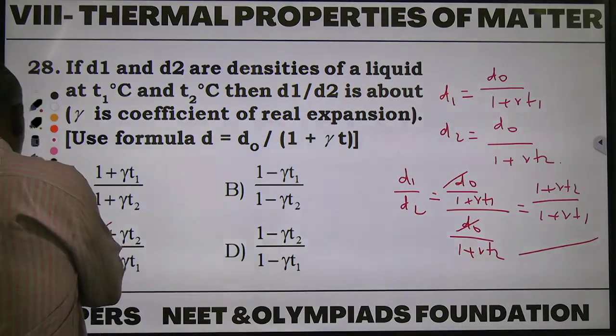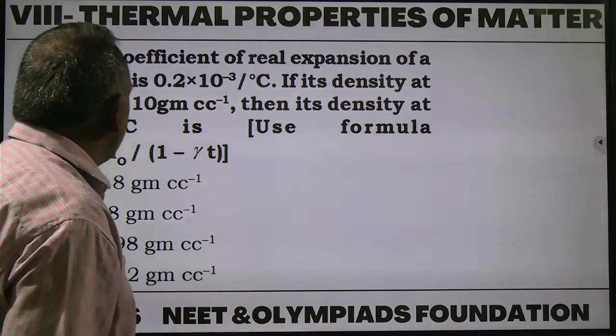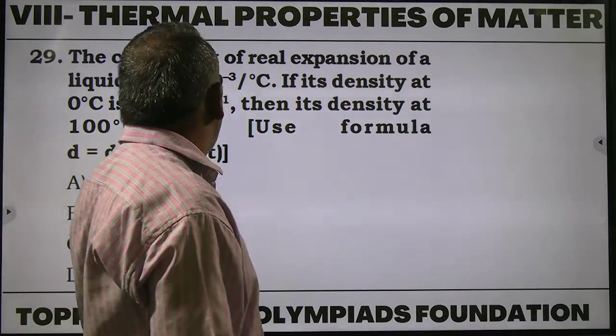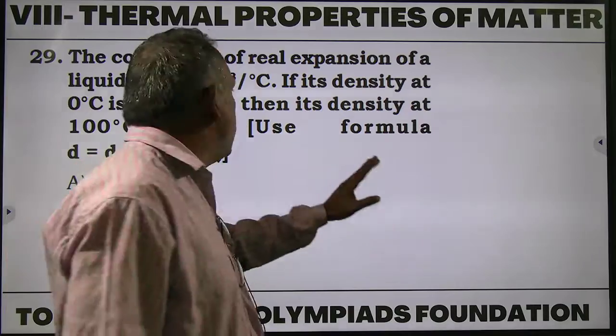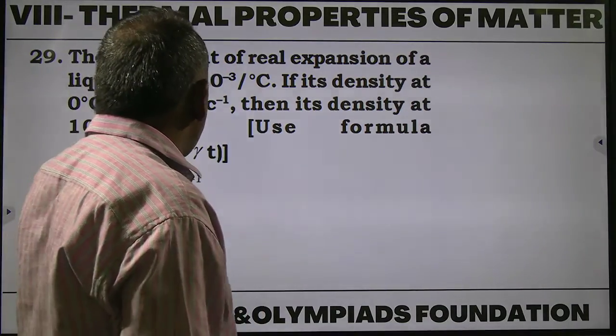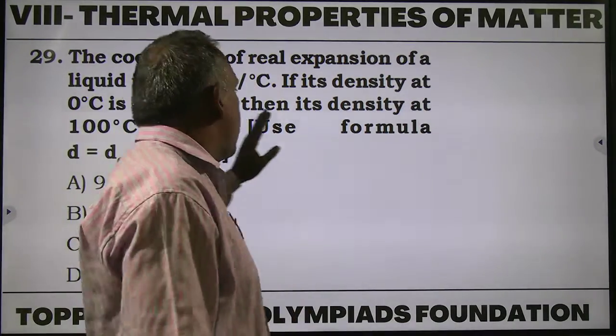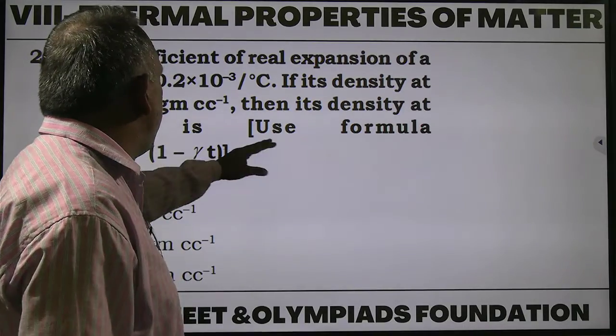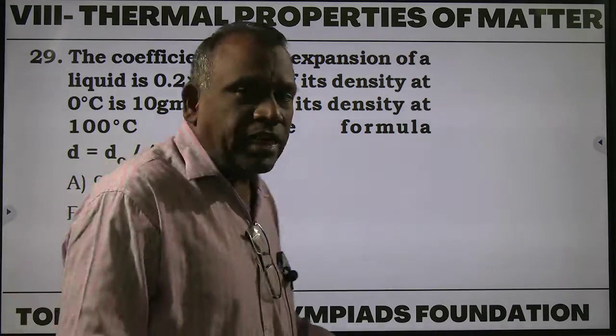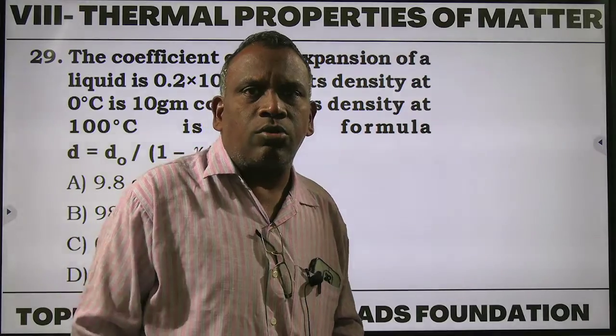So coming to the next, that is the 29th question. The coefficient of real expansion is 0.2 into 10 power minus 3. The density at 0 degrees centigrade is 10 grams per cc. The density at 100 degrees centigrade is what? See, the density at 100 degrees you have to find out.